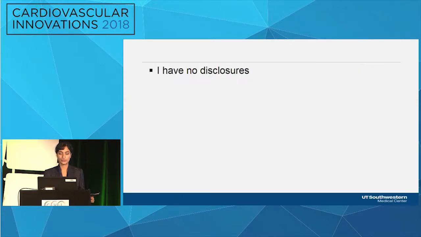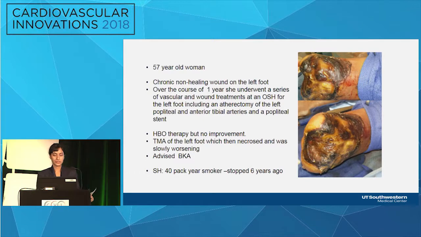I have no disclosures. So I want to start this talk with a case which highlights the importance of a multidisciplinary team approach to these complex CLI patients. This is a 57-year-old female who had a 1-year history of a wound on her foot, and she had undergone several vascular and wound procedures at an outside hospital, including atherectomies of her popliteal artery and the anterior tibial arteries and a popliteal stent.